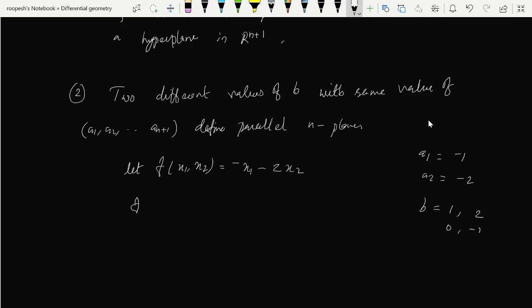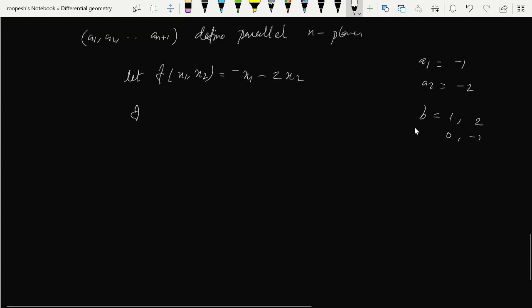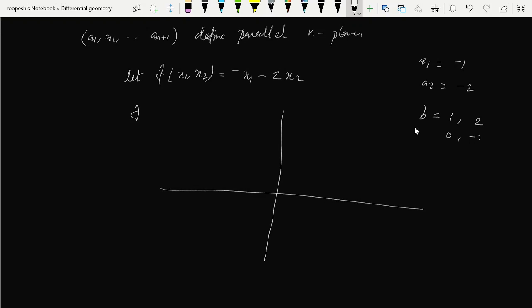Our idea is f of this equal to b, right? So when you're drawing this, for f inverse of 0, this quantity is equal to 0.